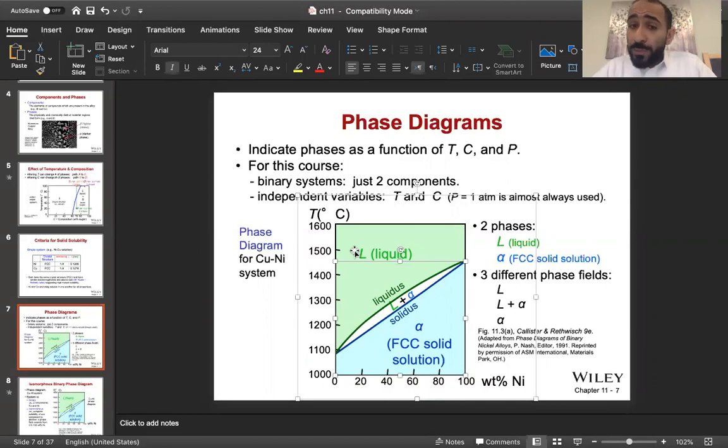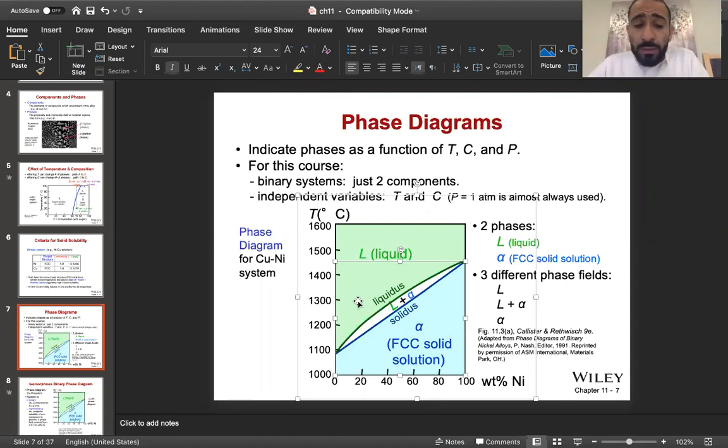You have liquid. They completely dissolve in each other to form a single liquid phase. This is what's special about copper and nickel, because they can completely dissolve in each other. So at the end of the day, we have a simpler phase diagram: one solid phase, one liquid phase.